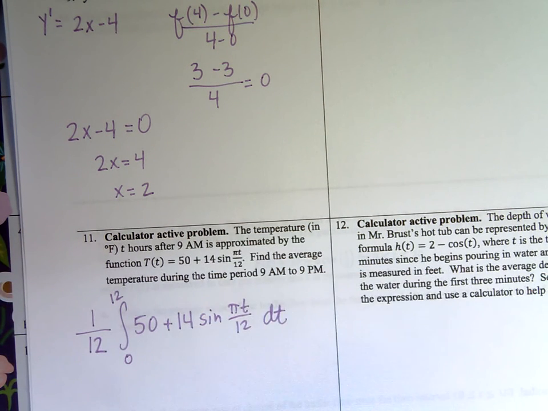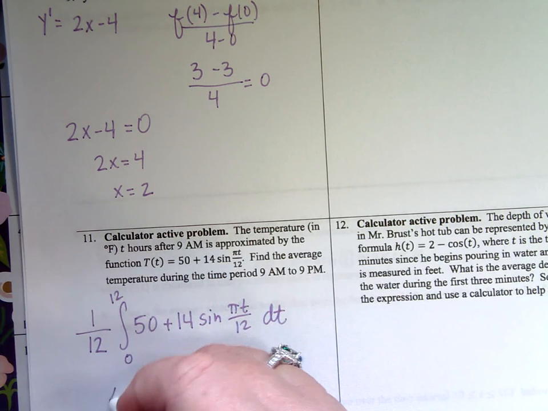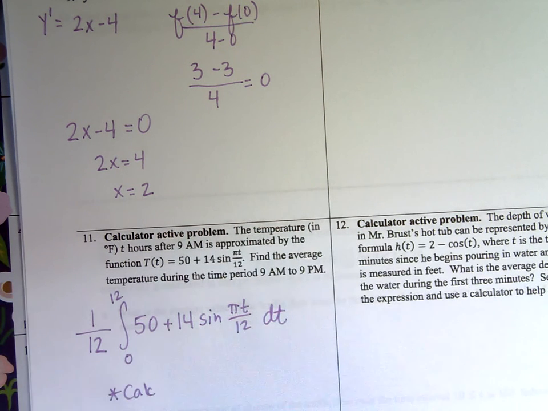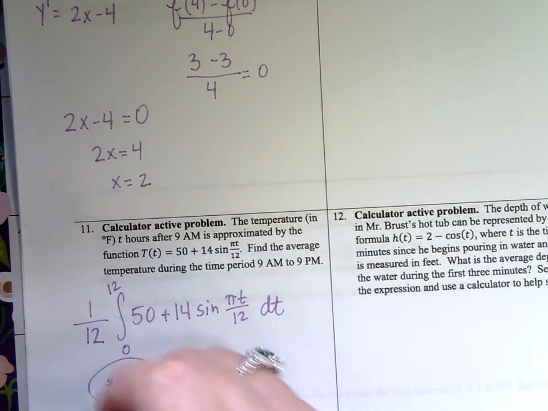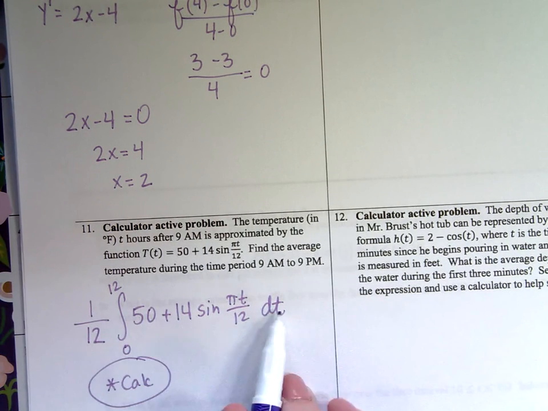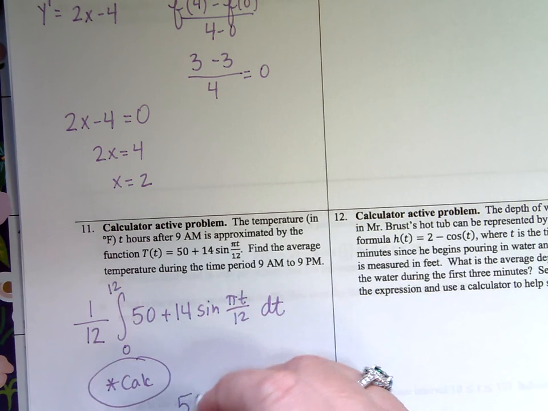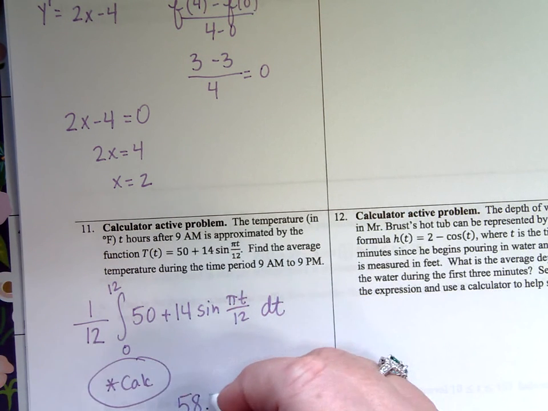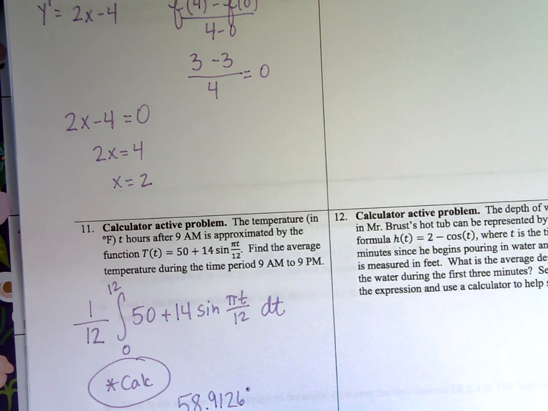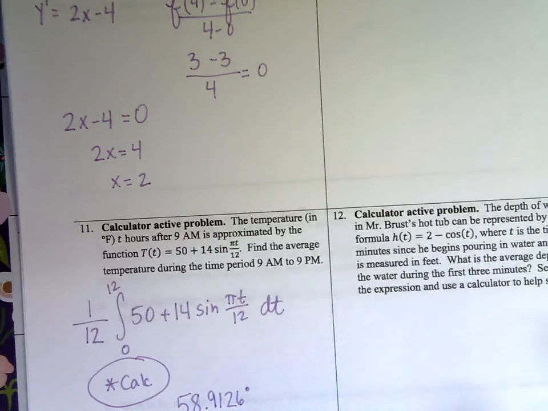Now they said it's a calculator question, so all you do is go to your calculator and plug that integral in. Once you get the integral, don't forget you've got to multiply by 1/12, or divide by 12, however you want to look at that. And you end up with an answer that is 58.9126 degrees. So don't hesitate to use your calculator on those kinds of things.